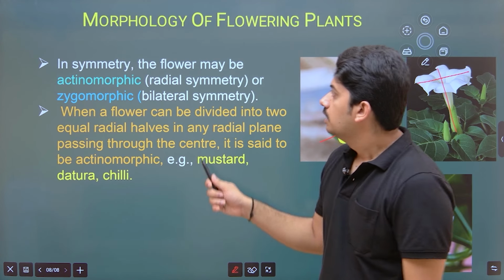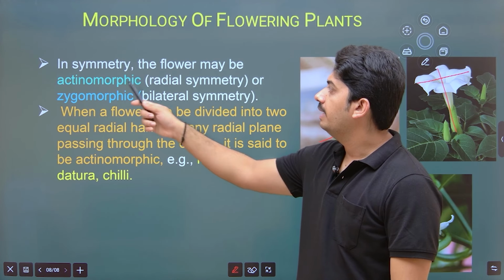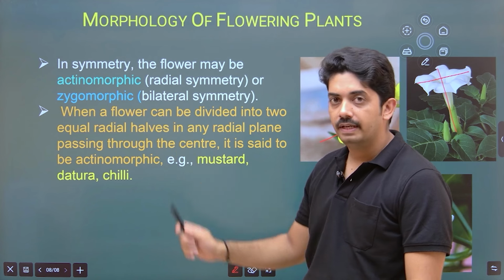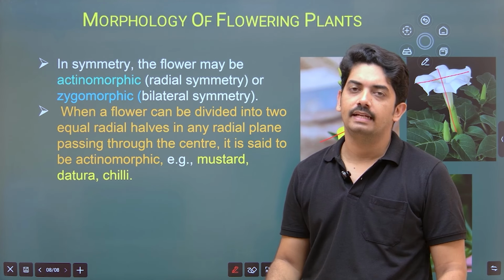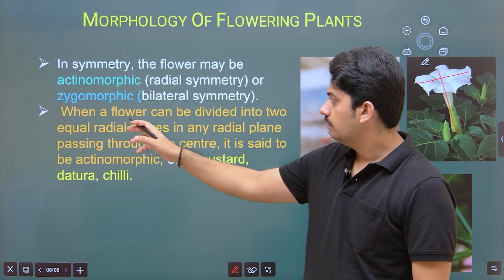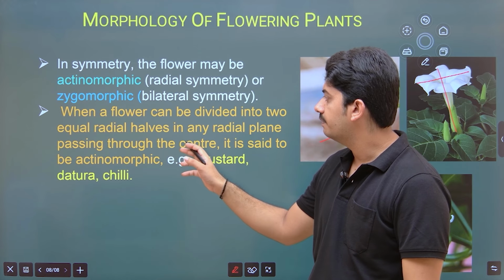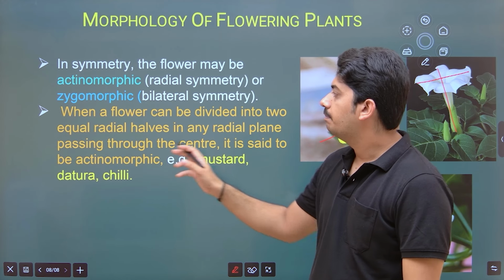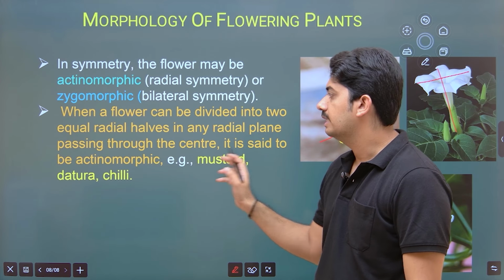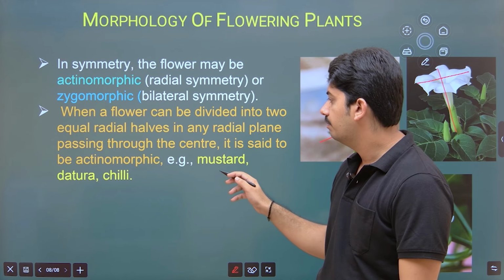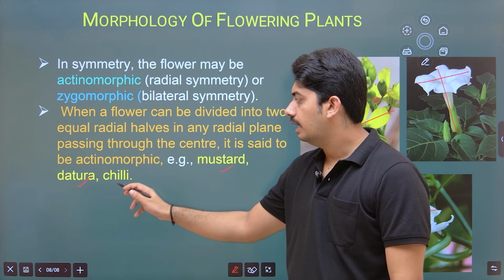So in symmetry the flower may be actinomorphic or zygomorphic. Sometimes there is no symmetry, then it is called asymmetric. When a flower can be divided into two equal radial halves in any radial plane passing through the center, it is said to be actinomorphic. Example, mustard, datura and chili.